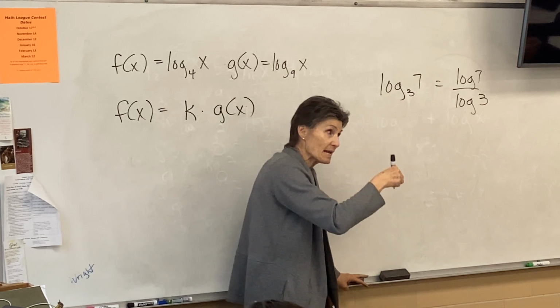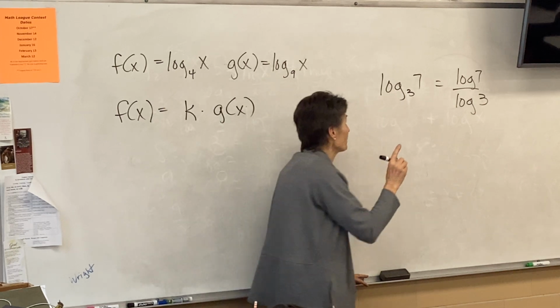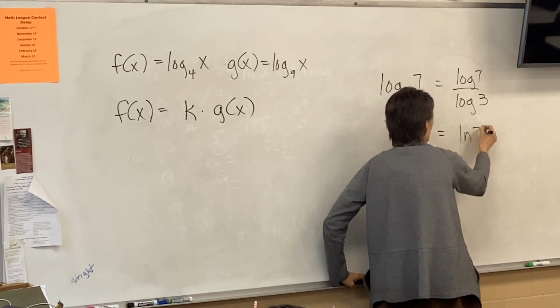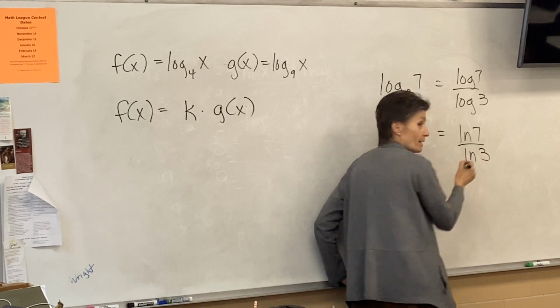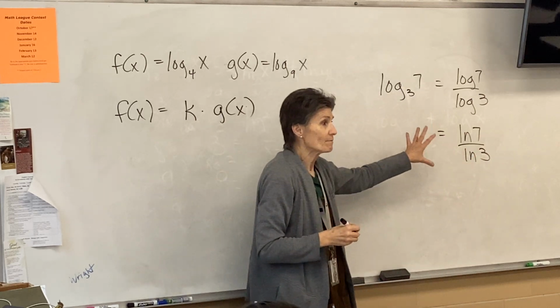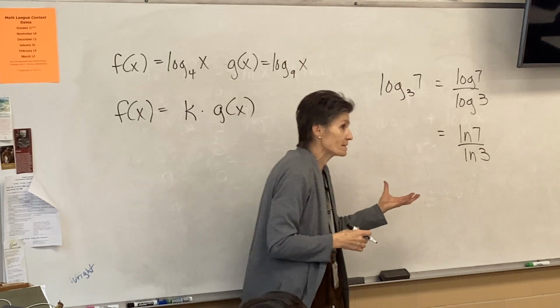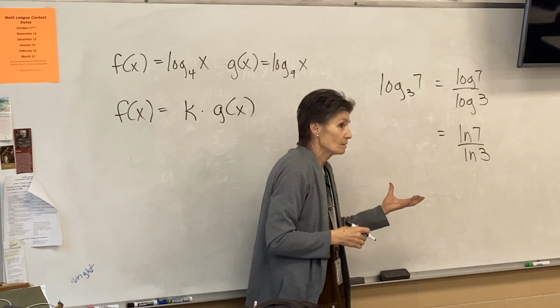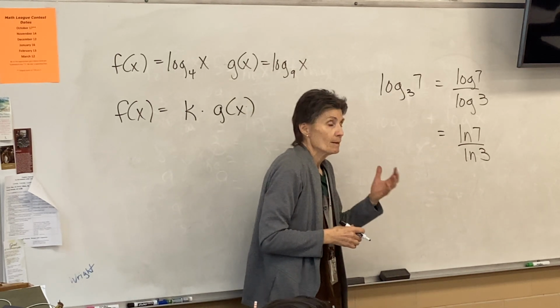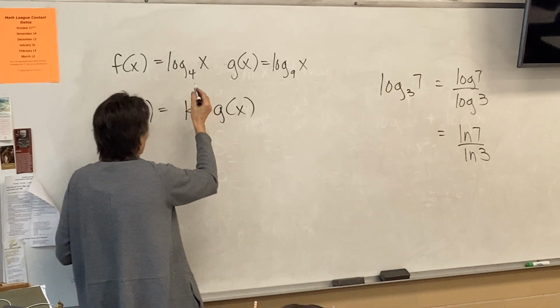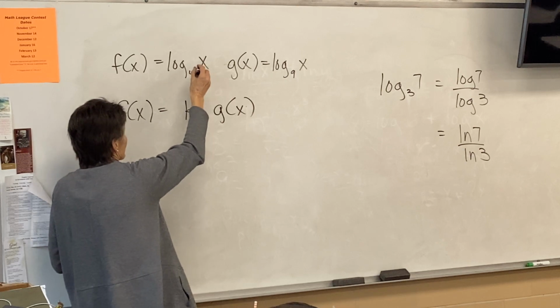Now, I think at the same time we talked about, I hope, that it doesn't have to be log. It could be ln 7 over ln 3. Either one of those would be perfect for my calculator because those are the two buttons I have. Right? Now wait a second. Let's look at this right here.